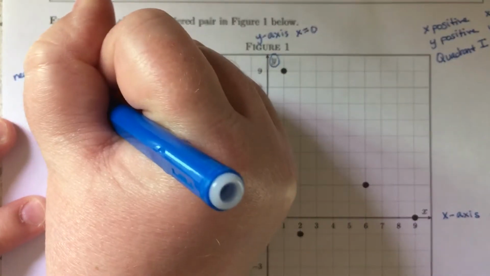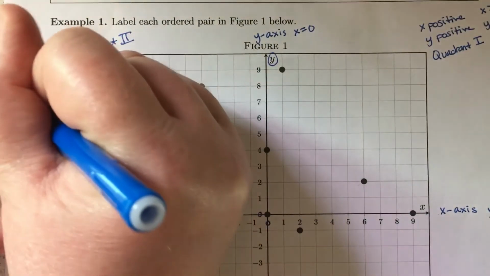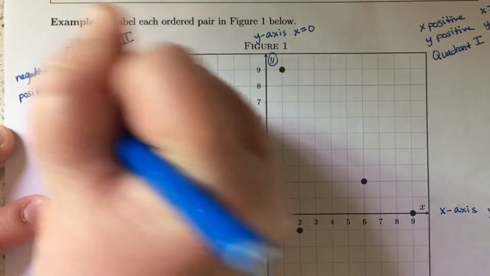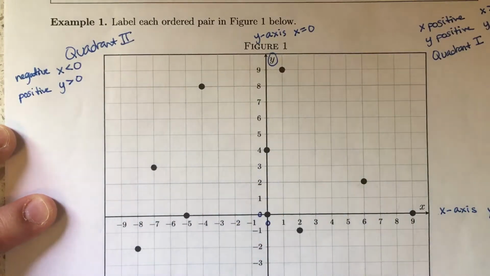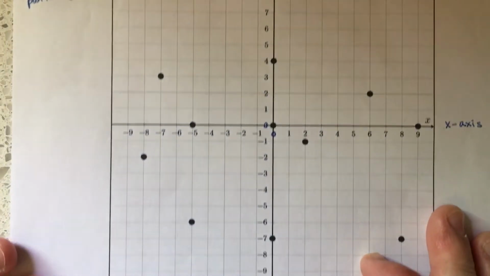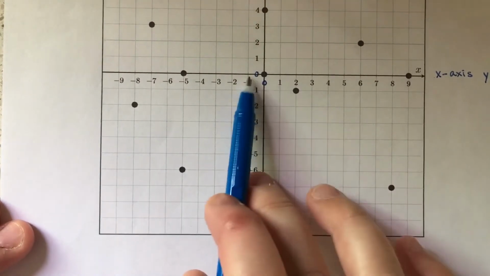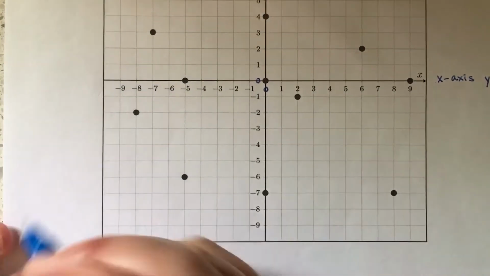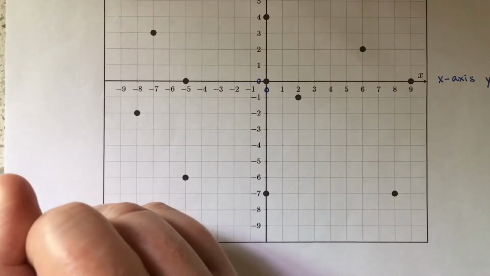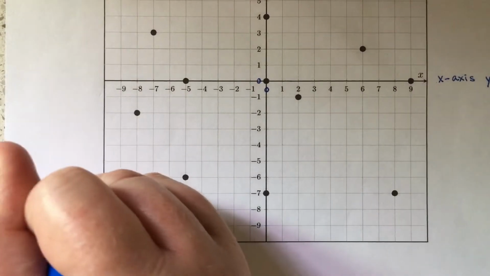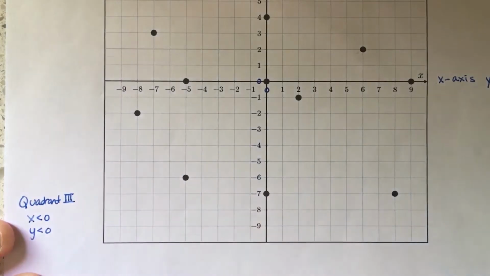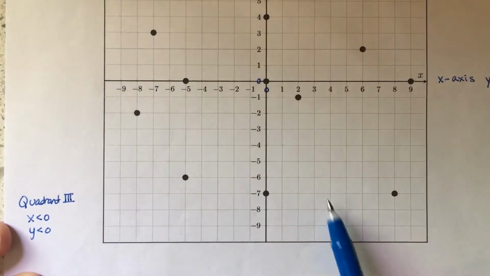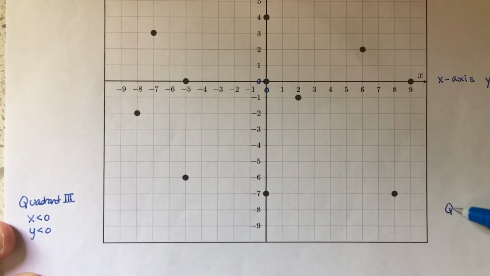So y is greater than 0, or you can write the word positive. Those mean the same thing, y being positive or y being greater than 0. All right, let's go down here. When both x and y are negative, so x is less than 0 and y is less than 0, then we're in quadrant 3. And the last quadrant is quadrant 4.